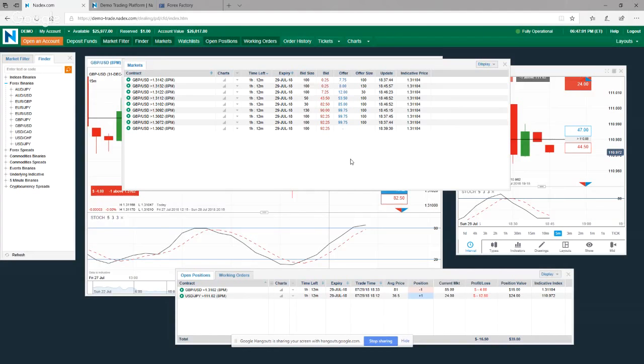On the buy side, it's going up to 100. So in this case, $12 is the risk, and then your profit potential is 100 minus 12, or $88. That's because this side increases, and this side decreases downward.